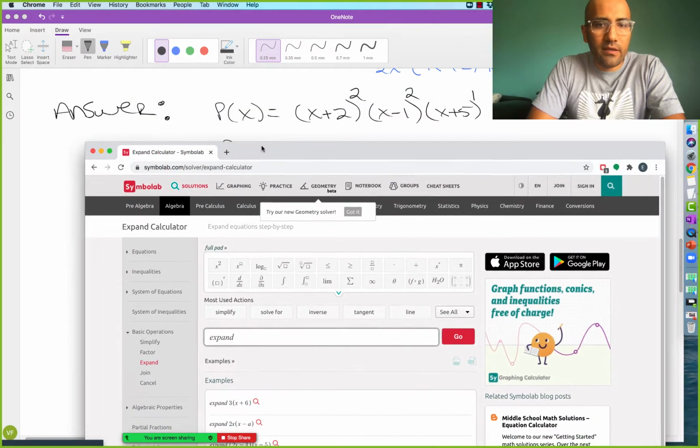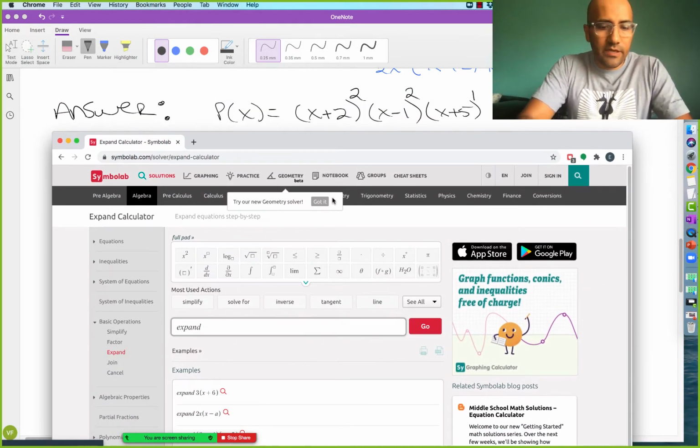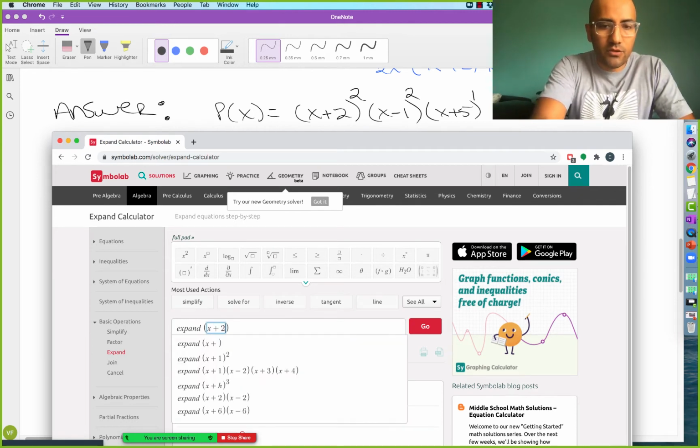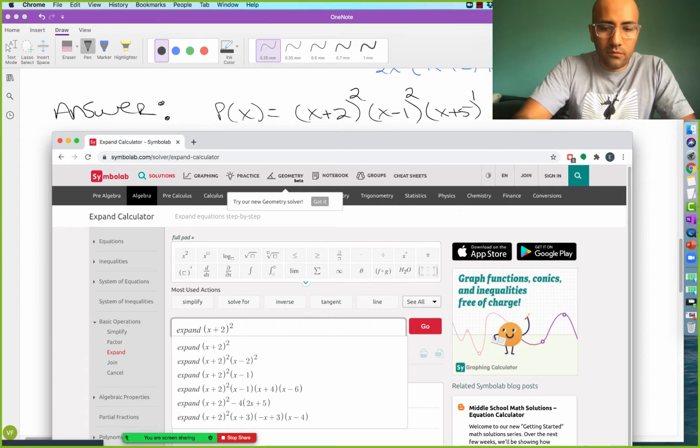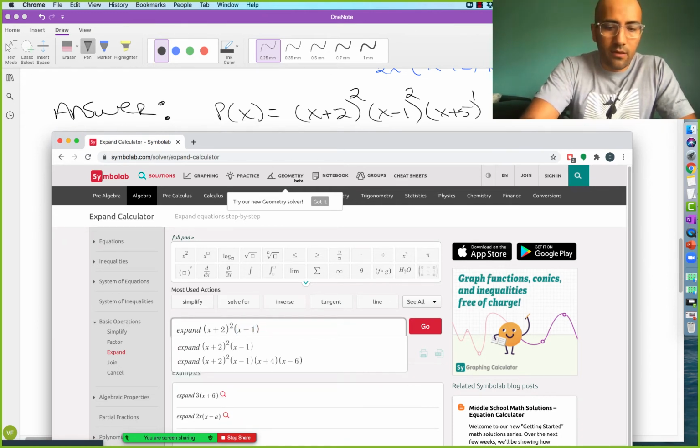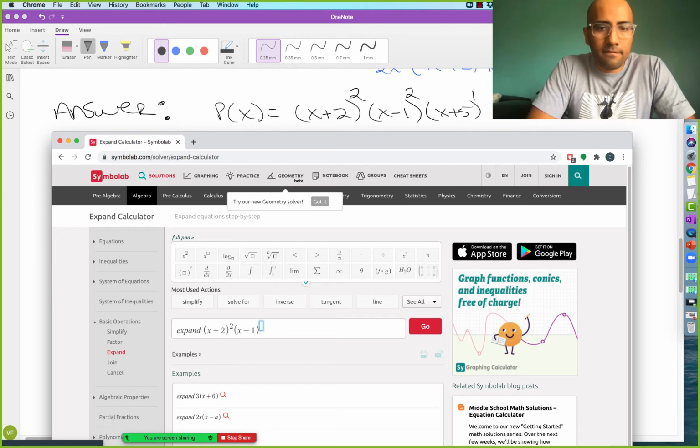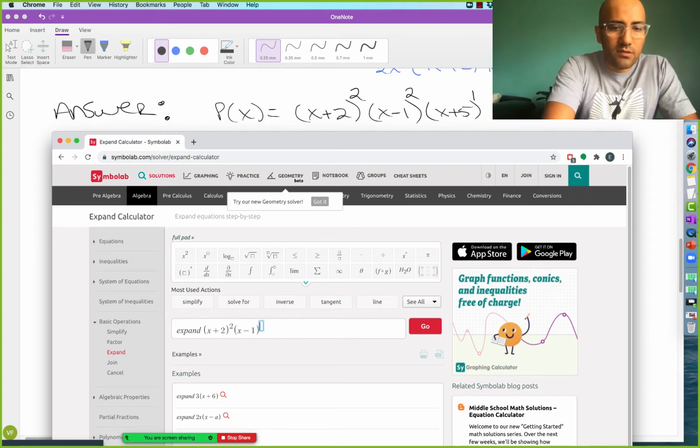Okay, expand. Now I want to expand this thing here. So x plus 2 to the power of 2, x minus 1 to the power of... You know what? I'm going to change it. That's fine.